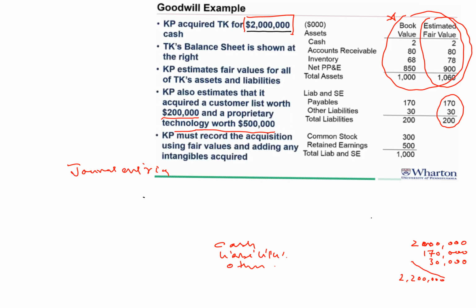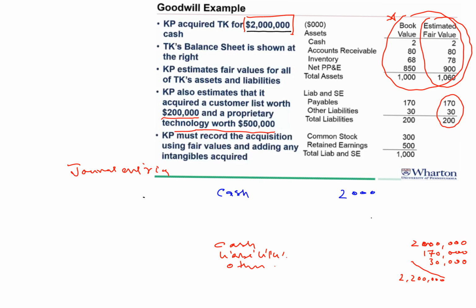On the debit side, of course, let's be very clear, we are going to report the fair values over here. Book values are just an indicative thing for us to know. So what we have acquired, from the balance sheet, is 2,000 cash.